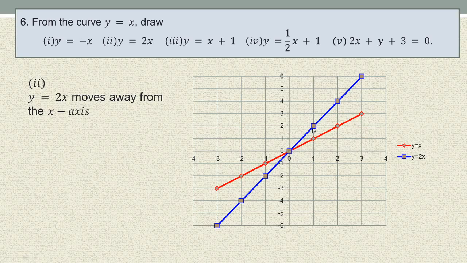Now for 1 you will get 2, because 1 into 2 will give you 2, 2 into 2 will give you 4, so you mark it as 4, and 3 into 2 you will get 6, so you mark it as 6, away from the x-axis. And here also, minus 1 into 2 you will get minus 2, minus 2 into 2 you will get minus 4, and minus 3 into 2 you will get minus 6. So in this way you first draw y is equal to x easily, and then from this it moves away from the x-axis.